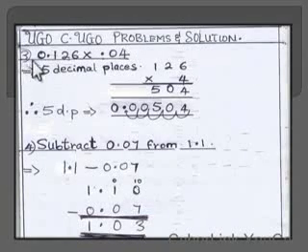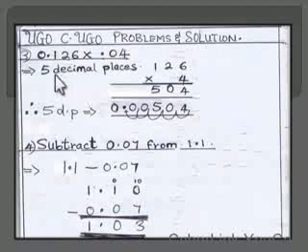Here comes another problem. Number 3, we are asked to multiply 0.126 times 0.04. Now, as usual in our previous lessons, before solving this, you must take note of all the decimal places so that it can be very easy for you whenever you are dealing with multiplication.